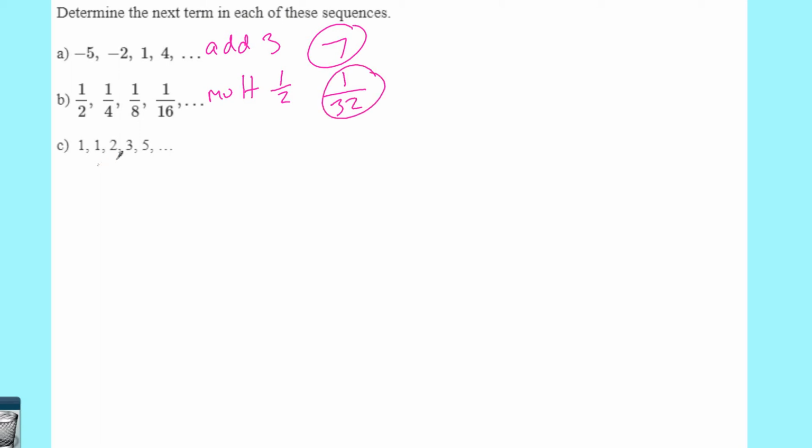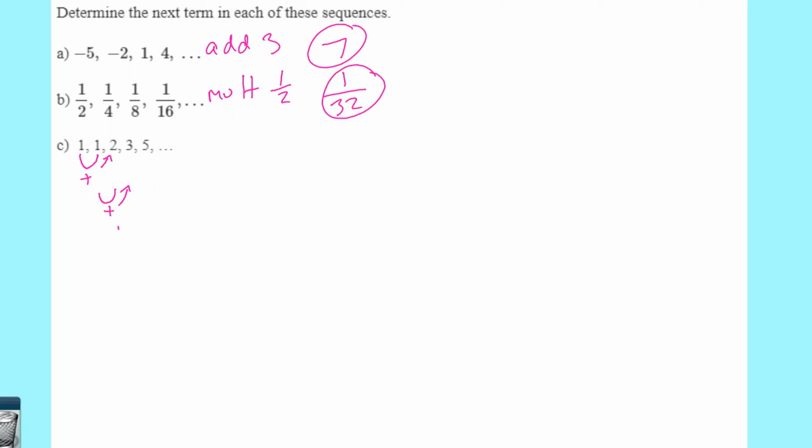The next one, this is the weird one, the Fibonacci sequence. We take 1 plus 1, and you get 2. The next one, 1 plus 2 is 3.